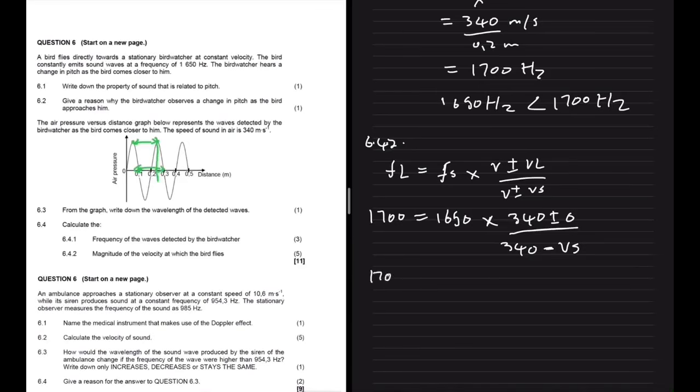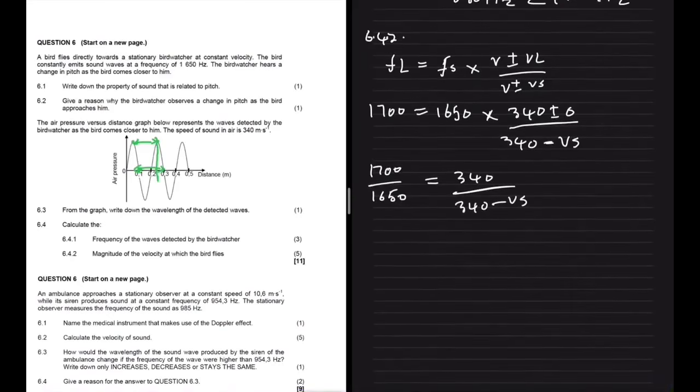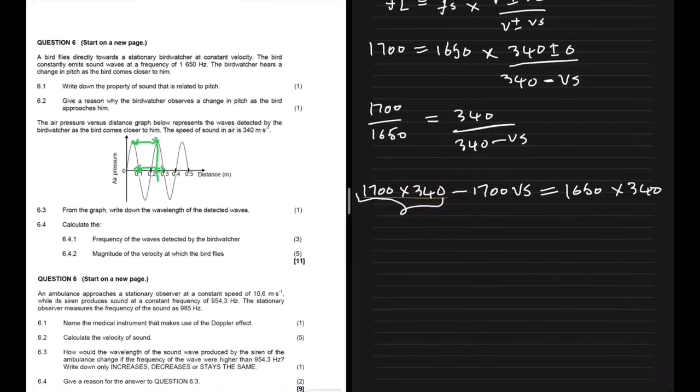We're going to have 1700 divided by 1650 equals, on the right-hand side they're going to cancel out, so we're just left with 340 plus or minus 0, which just gives us 340, divided by 340 minus Vs. Now I'm going to cross multiply, so I have 1700 multiplied by 340 minus 1700 multiplied by Vs, which equals 1650 multiplied by 340.